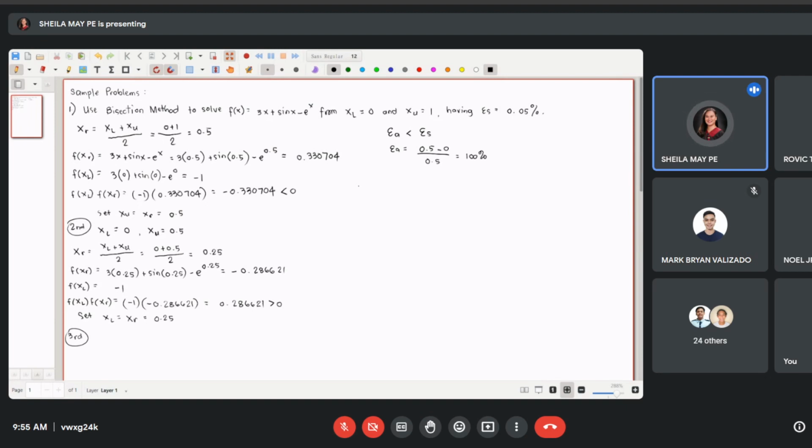So for the second one, we have our x sub r, 0.25 minus 0.5, that is 0.25, over 0.25.